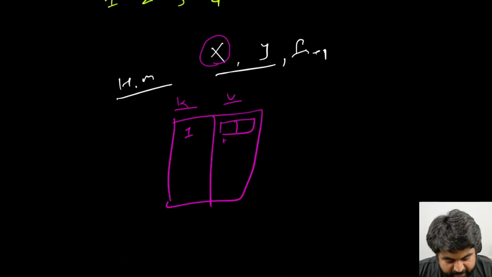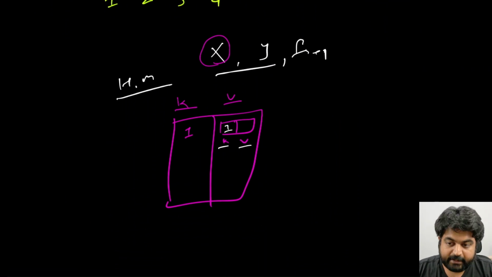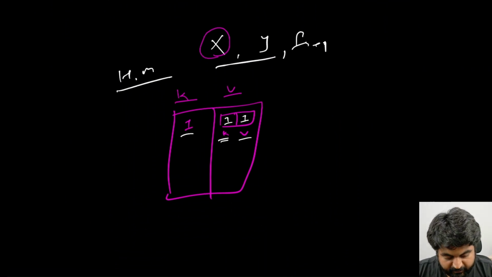It is going to have a key value pair of its own, where the key is going to be the y coordinate, so basically this is going to be value 1, and the value is going to be the frequency of the y coordinate's occurrence, because we already have the frequency of the x coordinate's occurrence. We only need to keep track of how many times the same y coordinate occurs for the same x coordinate. So in this case, the frequency is also going to be 1, so we can store that information.